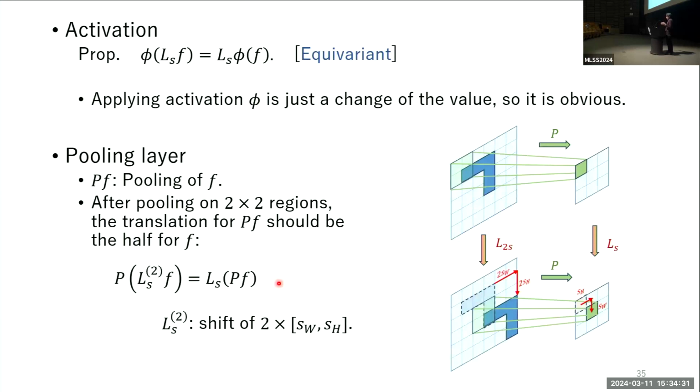And as I explained in the middle, by applying an invariant layer as the final layer of the architecture, we can obtain an invariant classification. So building equivariant layers is important in the definition of the convolutional neural network.